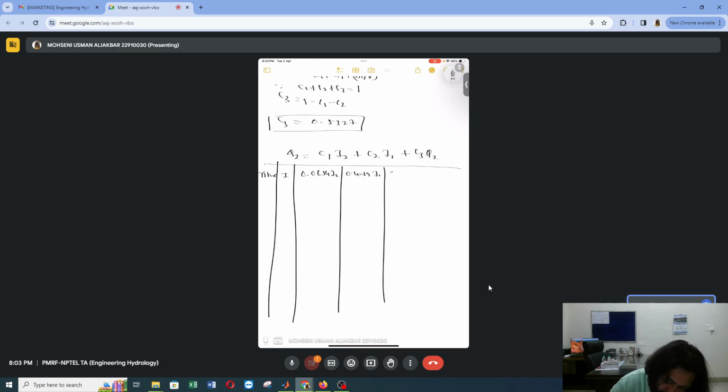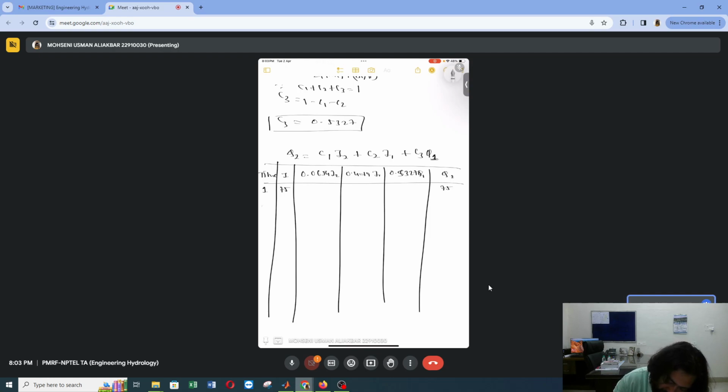Then C3 of Q1, that is 0.5327 of Q1, and lastly the outflow Q2, right? Initially the inflow was 75. So whatever is the initial inflow, we are going to assume it as the outflow, right?